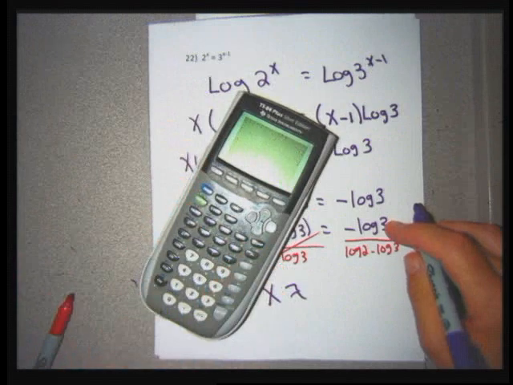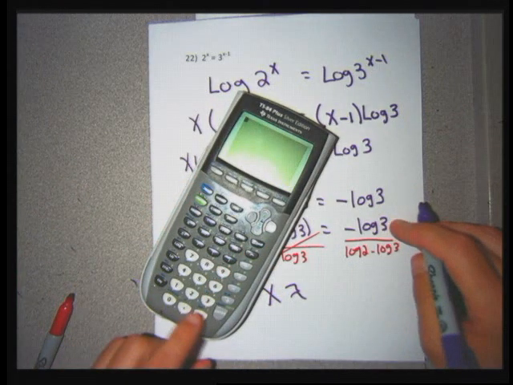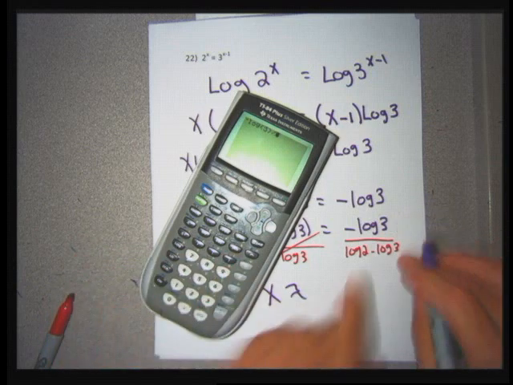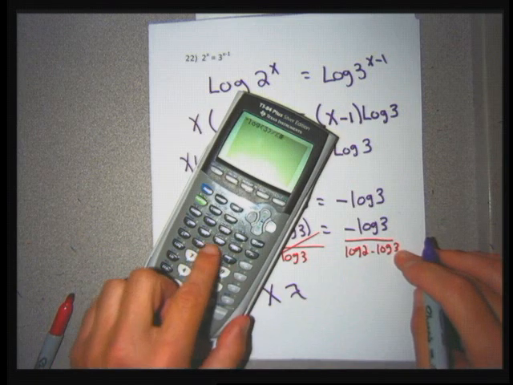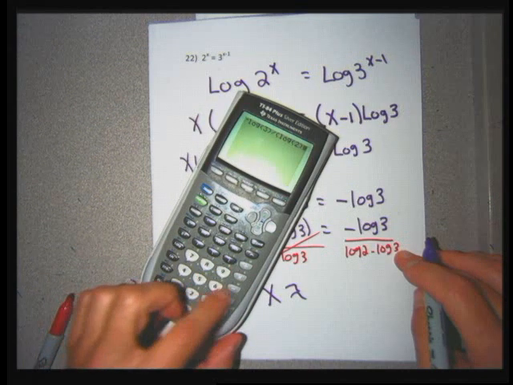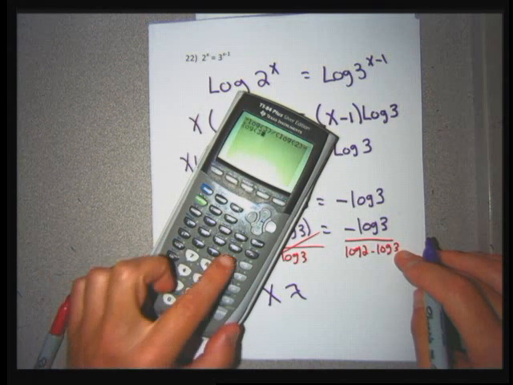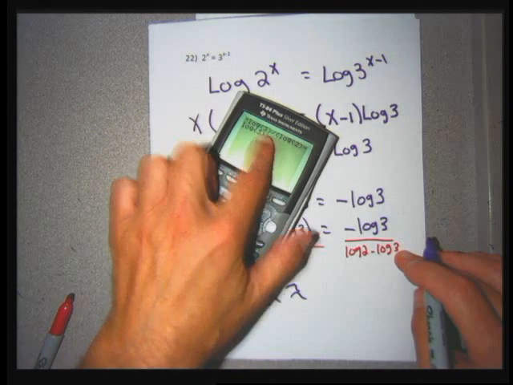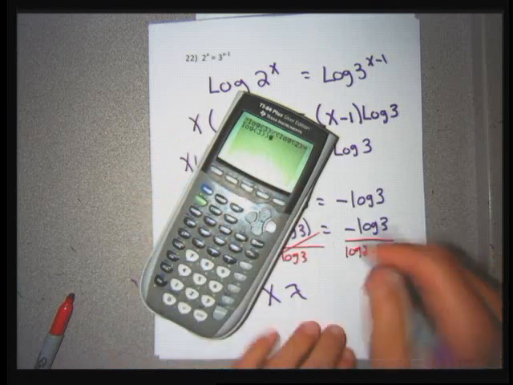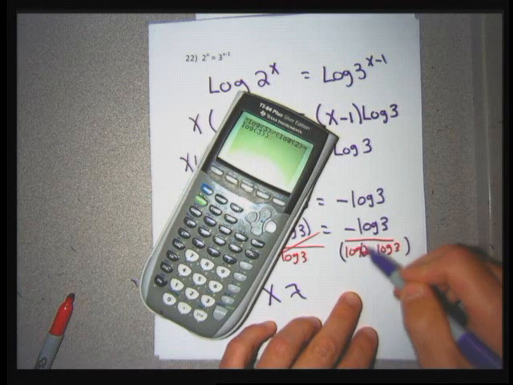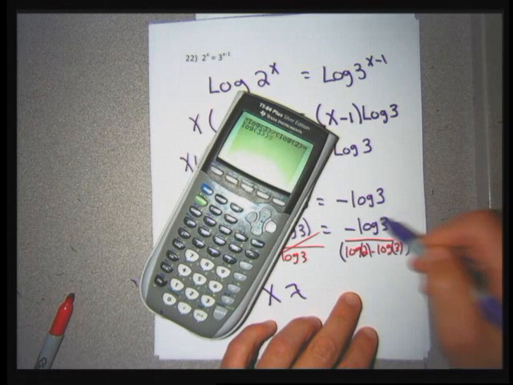So I'm going to go, hopefully you can see this well, minus log of 3, parentheses, divided by, and put this in parentheses, so parentheses, log of 2, minus log of 3, parentheses. So I entered log of 3 divided by, and then the whole denominator I put in parentheses.